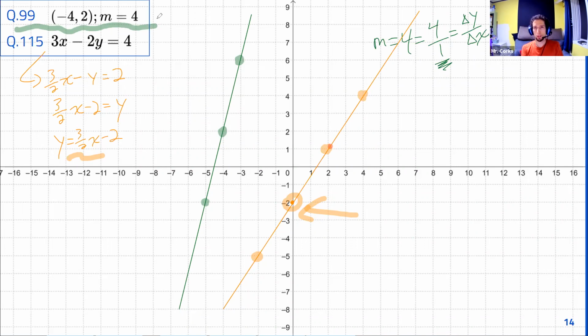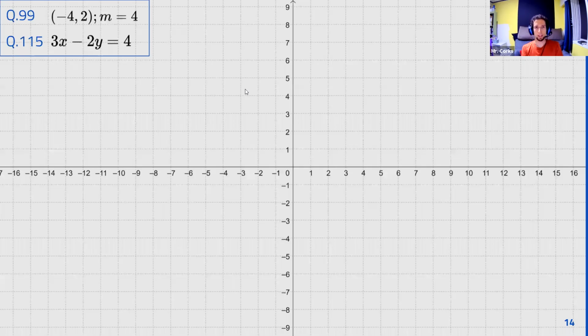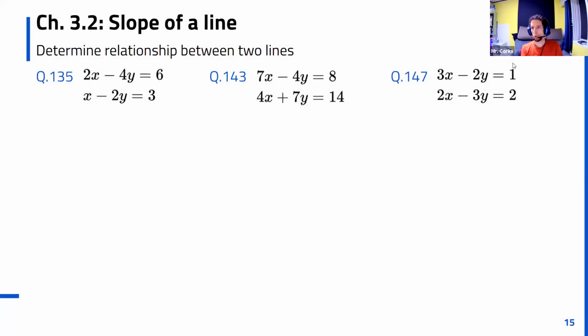Next 3 questions are about related lines. We had similar questions, or similar concepts, in class. So, relationships between 2 lines. First, what are the possible relationships between 2 lines?